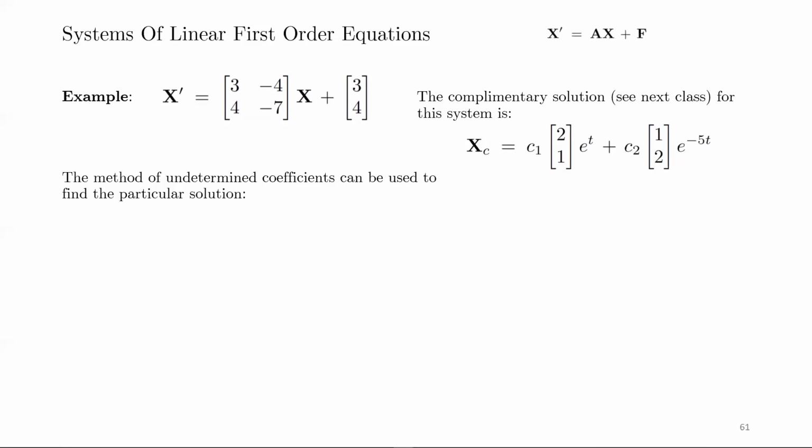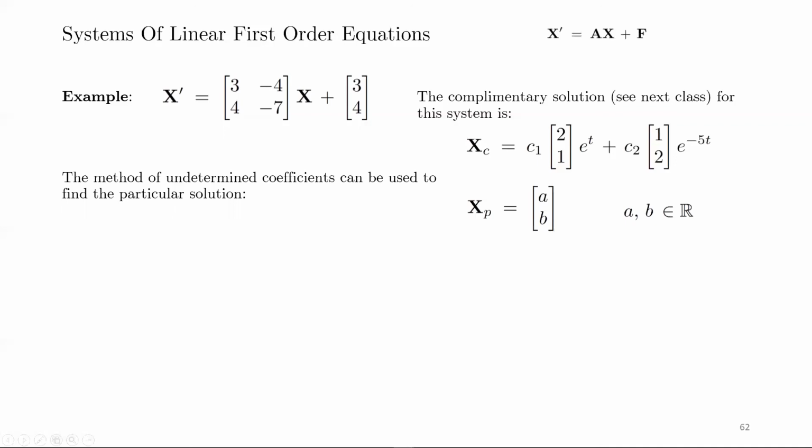But to find the particular solution, what we're going to do here is use the method of undetermined coefficients. Because my non-homogeneous term in the system of ODEs is just two constants, 3 and 4, I'm just going to take my particular solution to be two unknown constants, A and B.